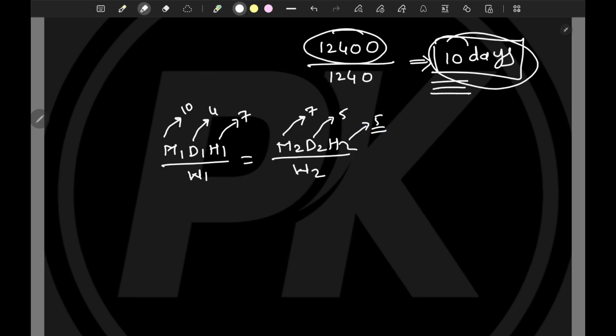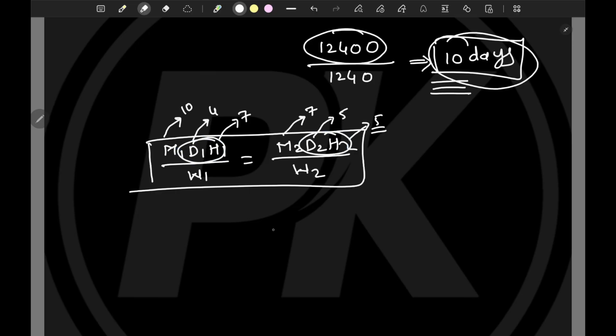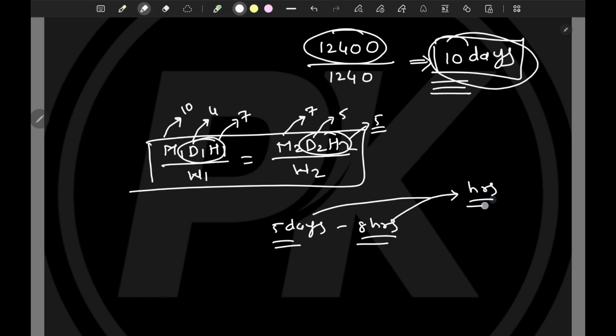So how much time will it require to complete a particular work? That kind of problem you can directly put into this equation and calculate. But we have already solved such problems without using this formula. If they are working for 5 days and 8 hours each, the only thing you need to do is convert that time into hours. This is the only thing you have to remember.